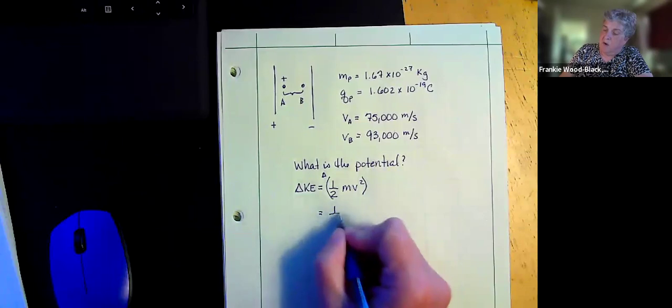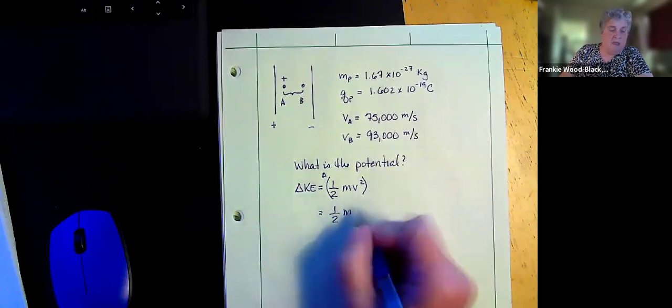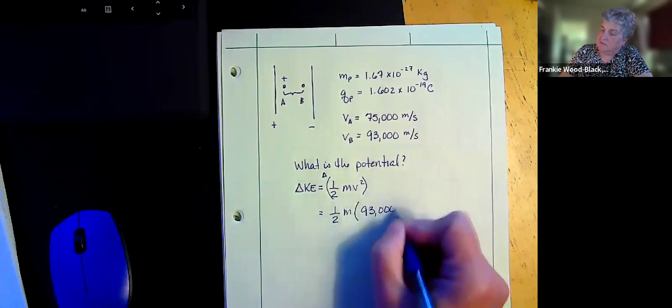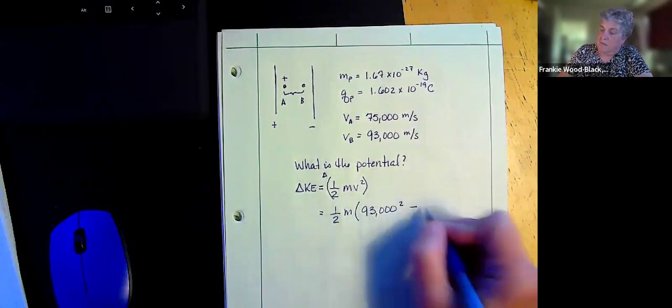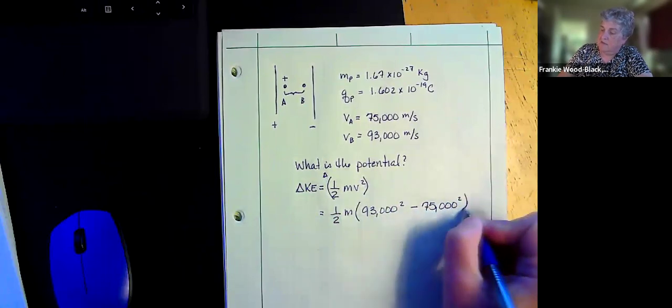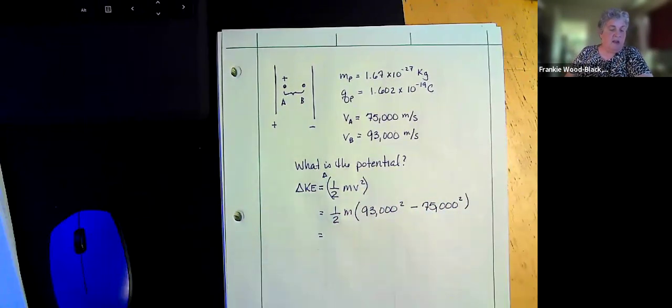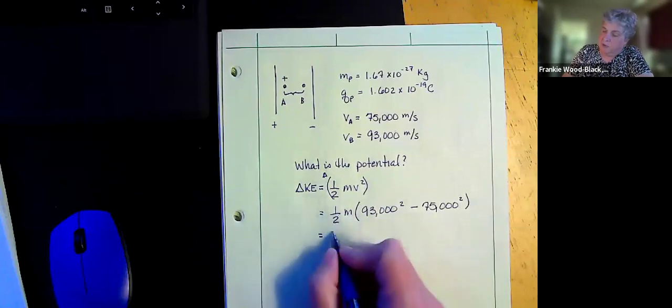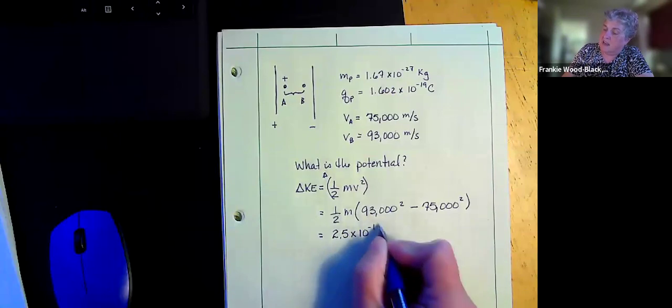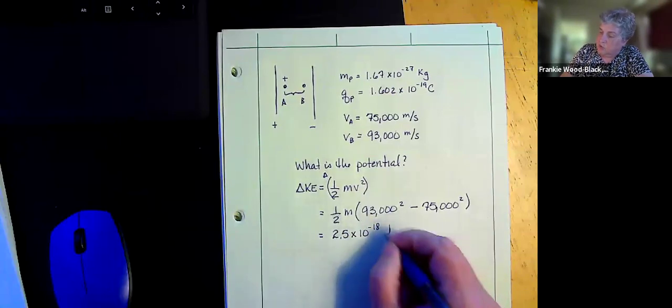So I'm going to do my 1/2 m times 93,000 squared minus 75,000 squared. If I plug in my numbers, I'm going to end up with 2.5 times 10 to the minus 18 joules.